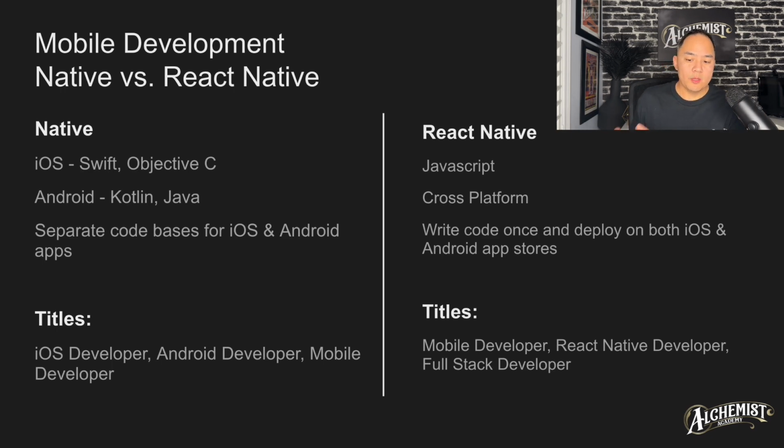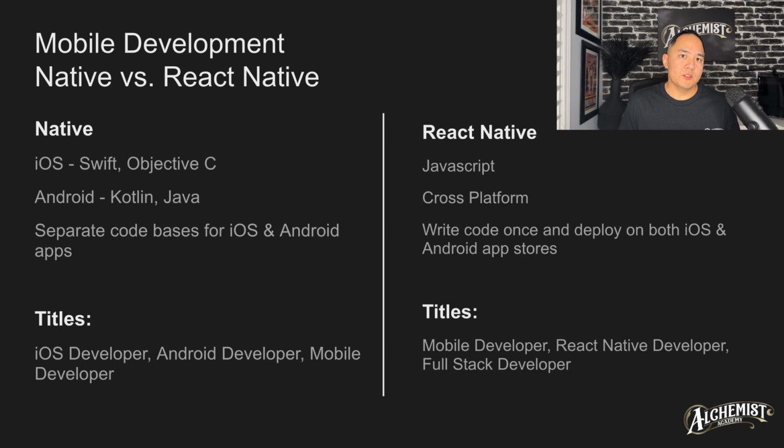On the React Native side, you might see developers that started with Ionic or Xamarin and then moved into React Native. But I think it's more common you'll see full stack developers who are doing some type of JavaScript front end like Vue or Angular or React, and then some back end like Node.js, move into React Native.